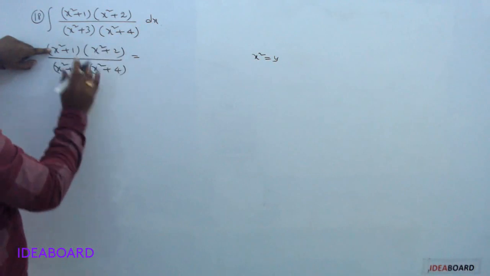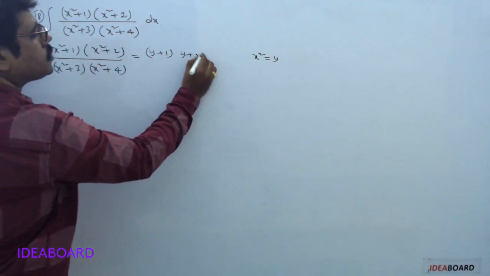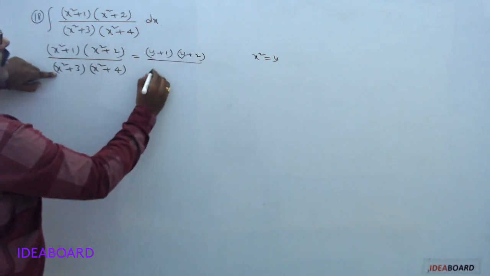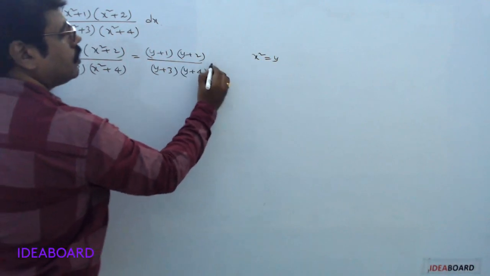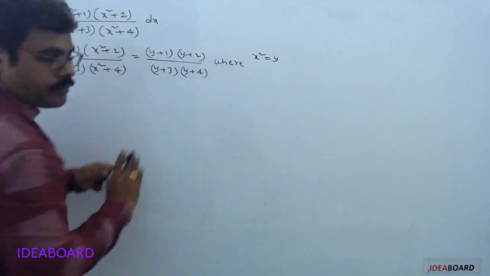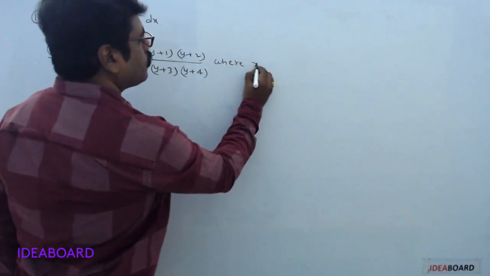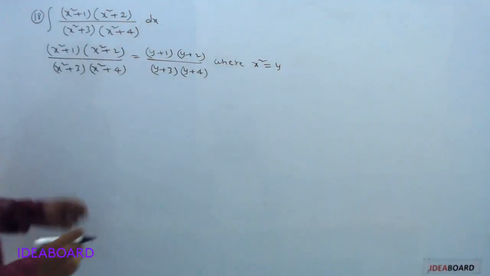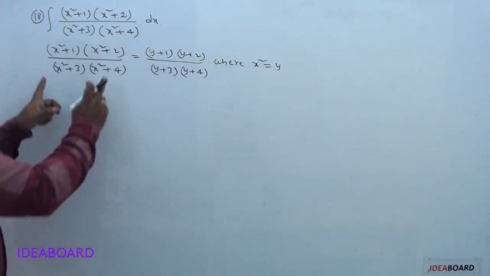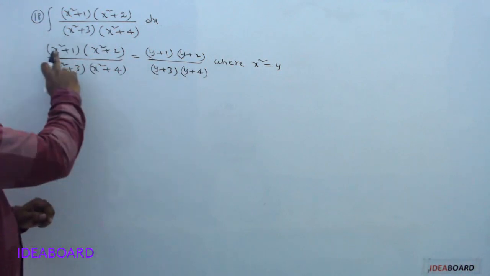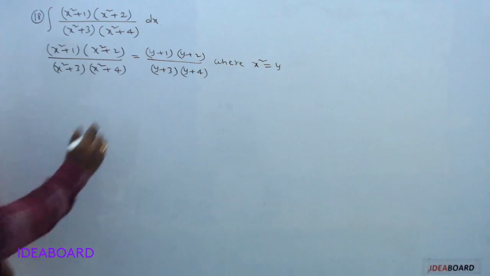Then this expression will be taken as (y plus 1) into (y plus 2) divided by (y plus 3) into (y plus 4), where x square equals y. Then this expression will be changed into (y plus 1)(y plus 2) divided by (y plus 3)(y plus 4).